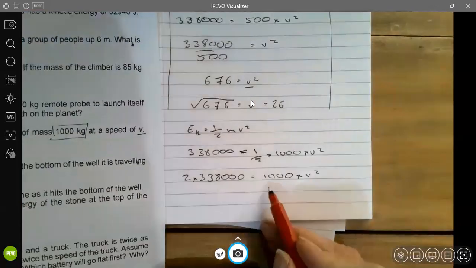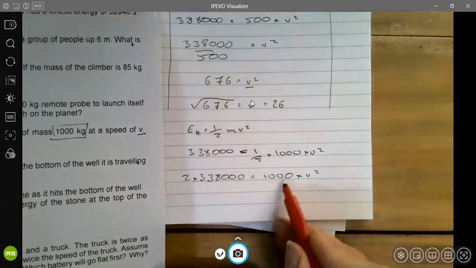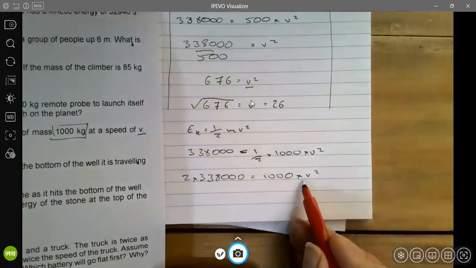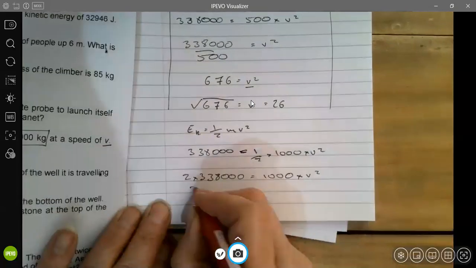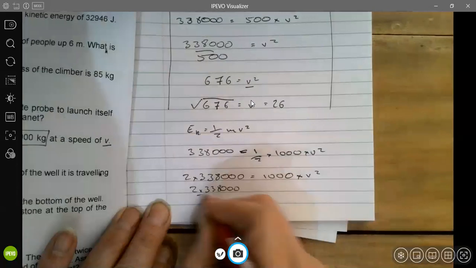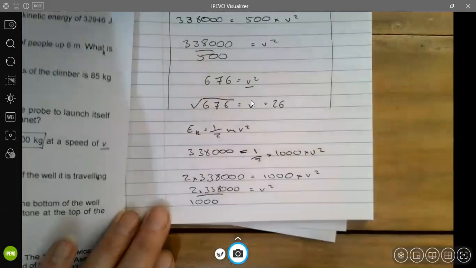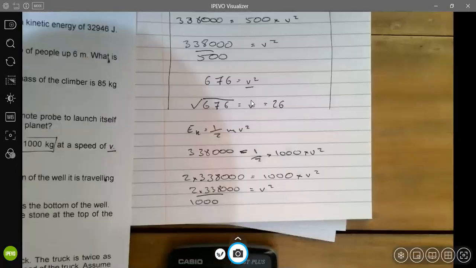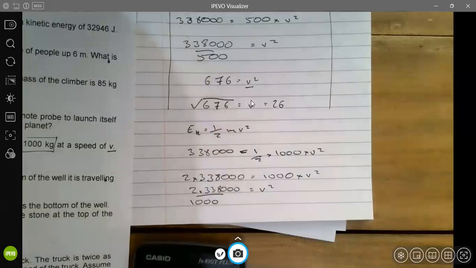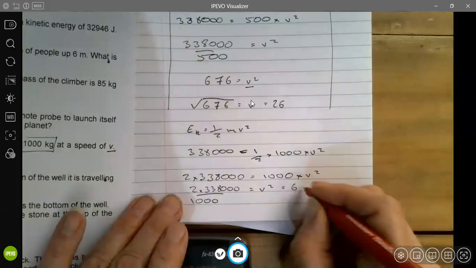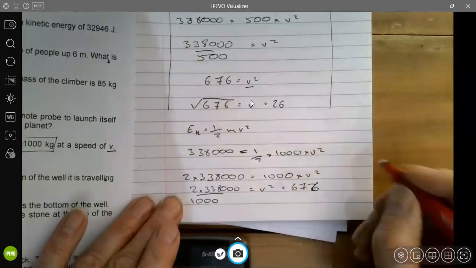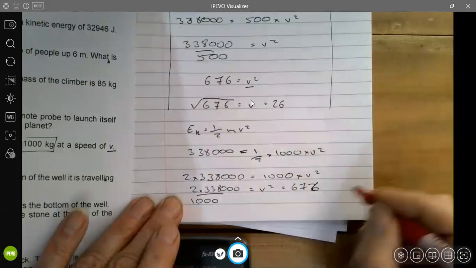To make v squared the subject, we divide both sides by 1000. So 2 times 33800 divided by 1000 equals v squared, which is 676. As you can see, it's the same as it is here.